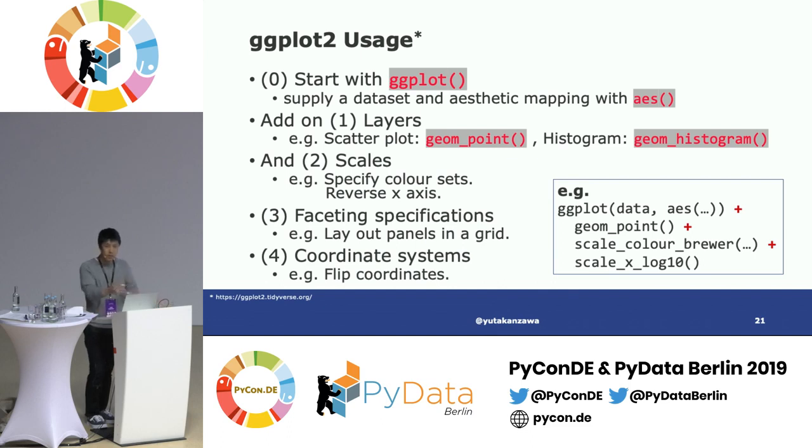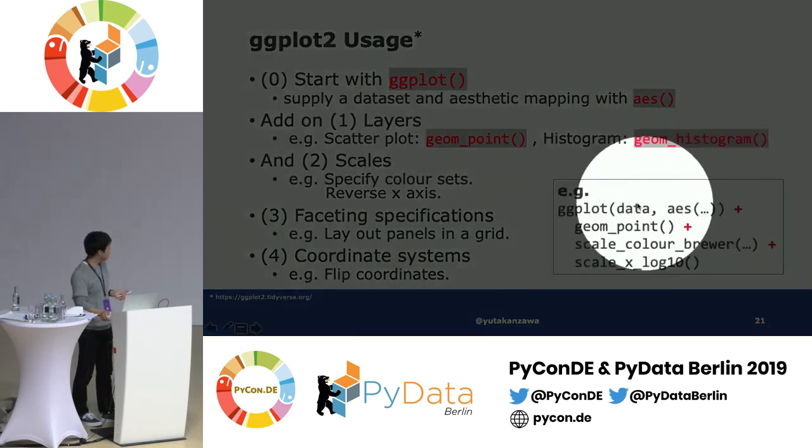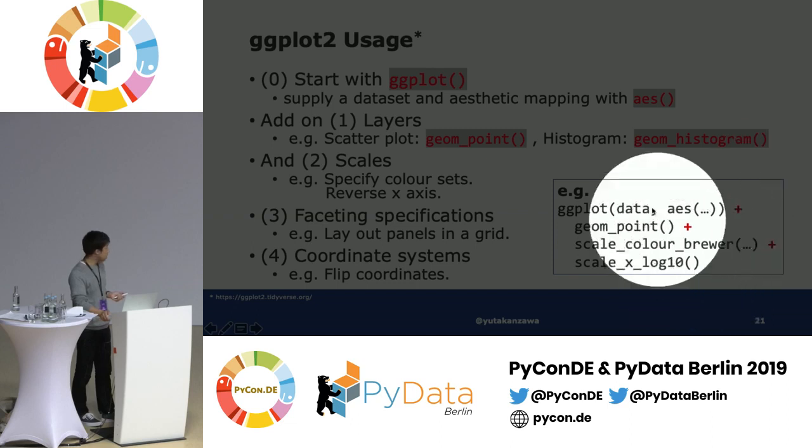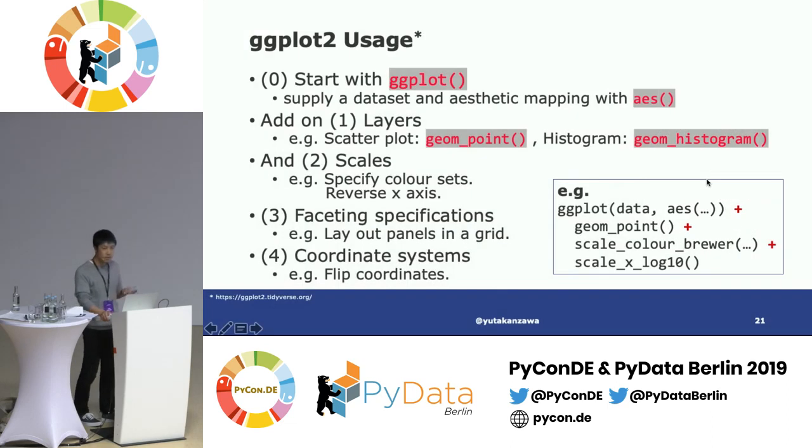Here's the usage of ggplot2. Maybe most of you already know, but here is how it works. First, you specify the data to plot with the ggplot function here. And then within the ggplot function, you call the aesthetics function, aes, to specify the x, y variables.